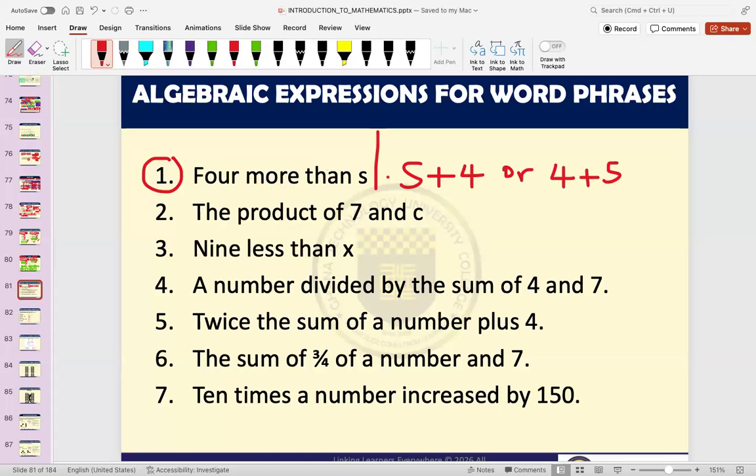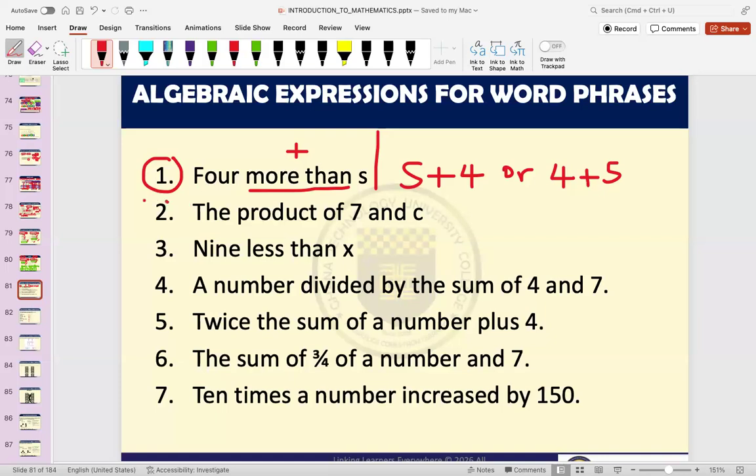So there's supposed to be a positive sign. This "more than" is giving us a signal that the positive sign will have to show up somewhere. So when it comes to positivity, the variable and the number can interchange positions. Any of them can come first, the other will come last.